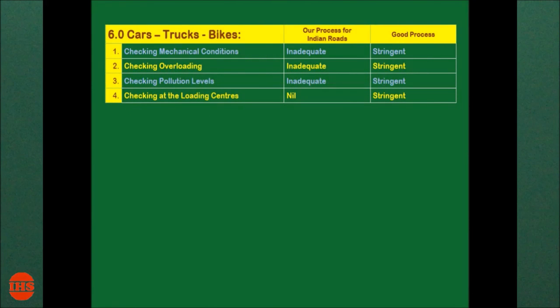Number 6. Cars, trucks and bikes. Checking mechanical conditions is inadequate on Indian roads. It's stringent in good process. Checking overloading is inadequate on Indian roads, stringent in good process.